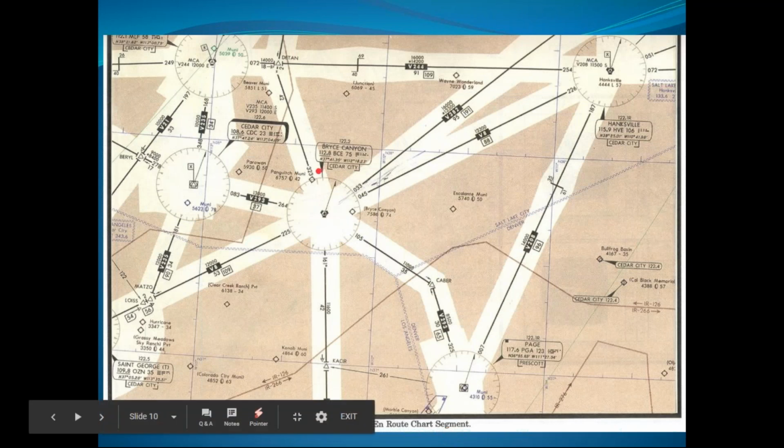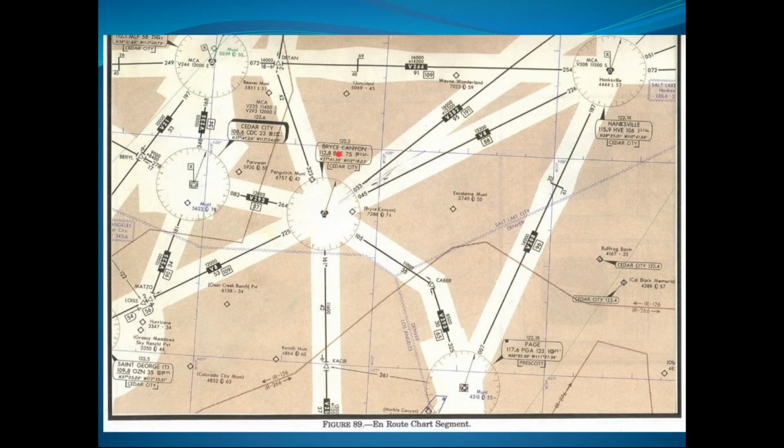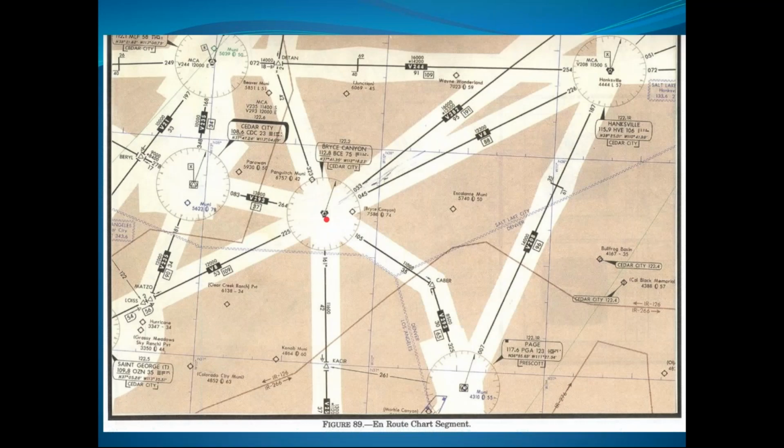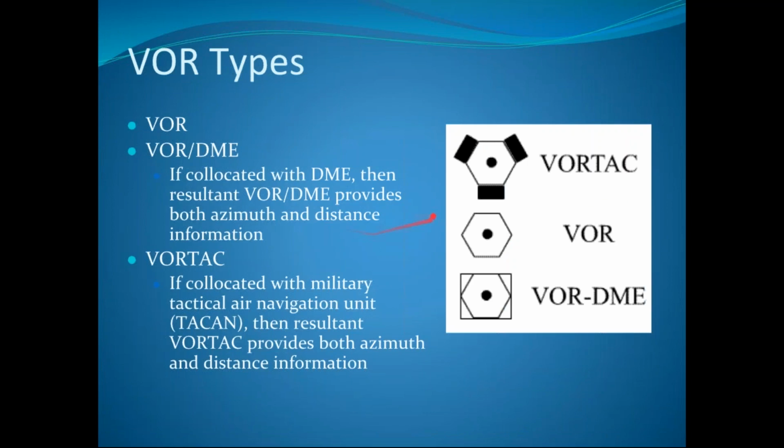Here you can see the Bryce Canyon VOR. Here's the 3-letter identifier for Bryce Canyon, BCE. This is the frequency the pilot tunes his receiver to, 112.8. The 75, you notice that if you look back at this page, the Bryce Canyon VOR is actually a VORTAC.